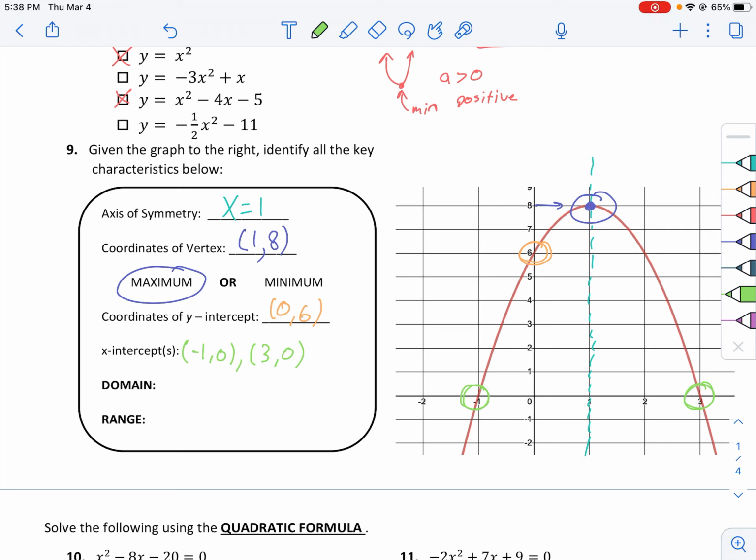That's how you write x-intercepts. Domain is always all real numbers for our quadratics. And for the range, the highest point for the range here is this 8. That's the highest possible y value. So all of our y's are either less than or equal to the number 8. And we're talking y's because the range is all of the possible y values.